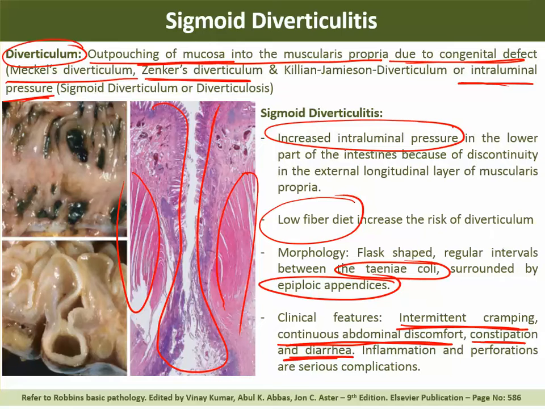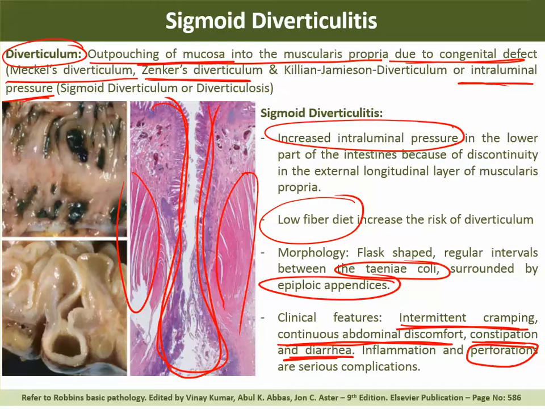The most important complication is this: the mucosa has entered the muscularis, then it can go on to the serosa and perforate. If the inflammation is severe, perforation can happen, which will lead to severe peritonitis.